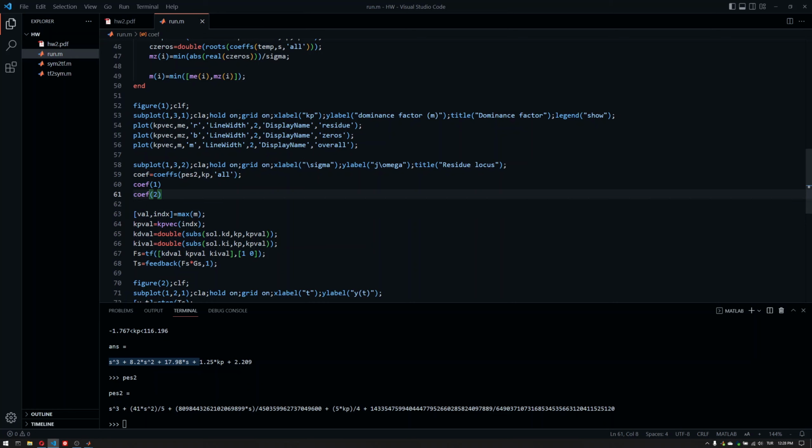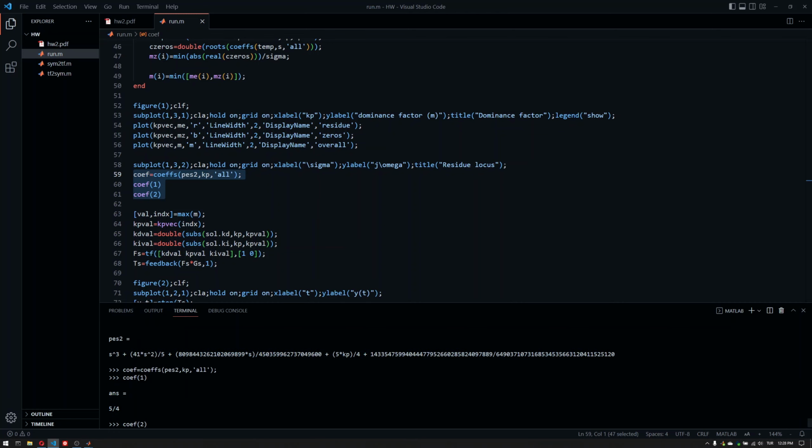Now, let me show you that. So coef1 is 1.25 times kp, and coef2 is the whole remaining thing here. Together they build up the PS2 here. So you can see 5 times kp divided by 4. Remember that it will not give you kp because it is the coefficient of kp.